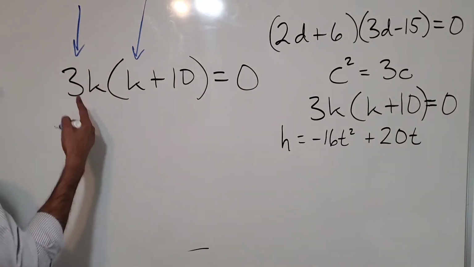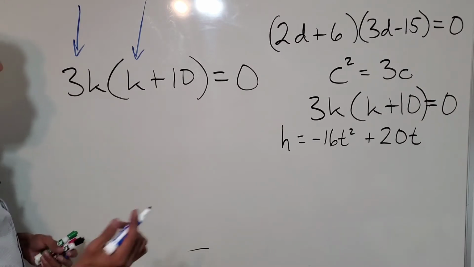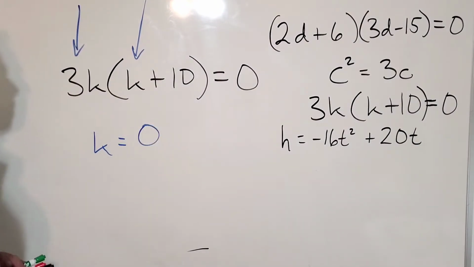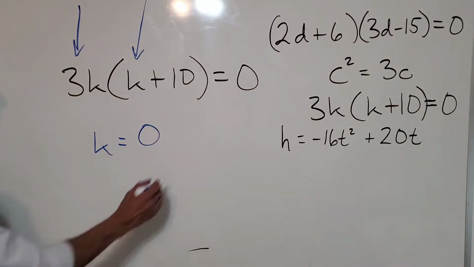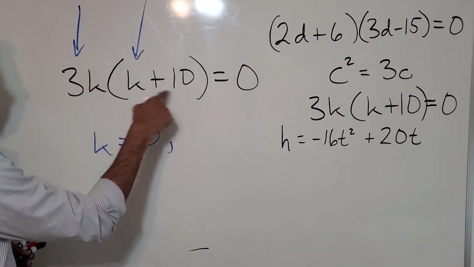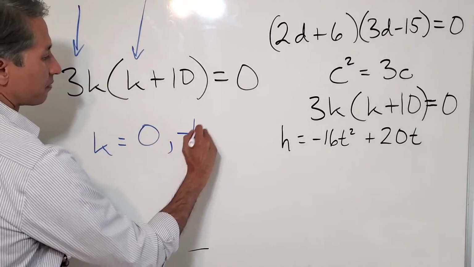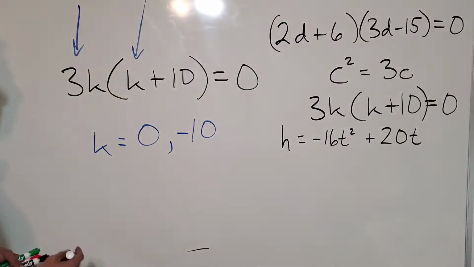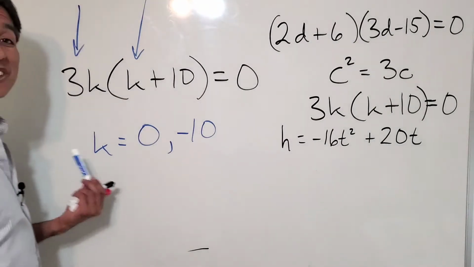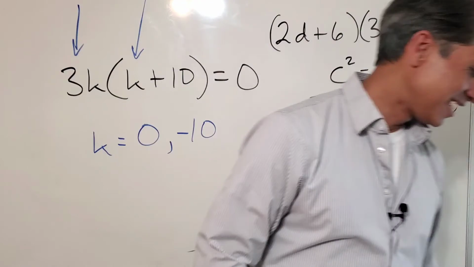So 3 times something can make it a 0. Oh, I can say that k has to be equal to 0. And then what number can I put here to make this guy over here equal to 0? Negative 10. And so at that point, you're done. That one actually wasn't too bad. Let me just double check, right?